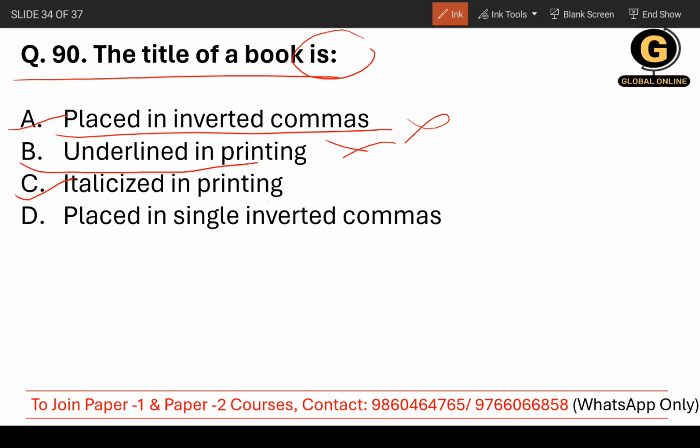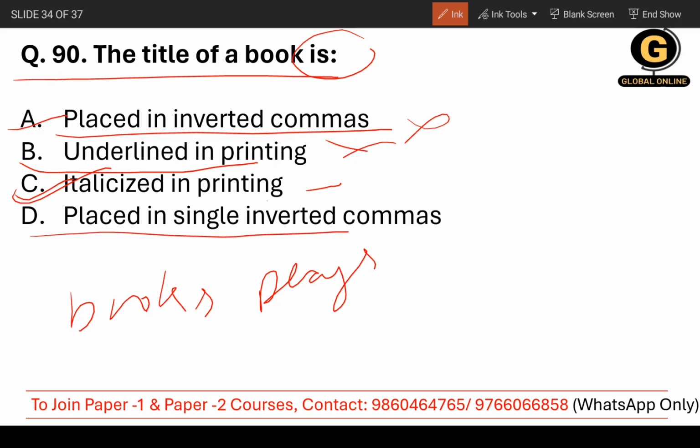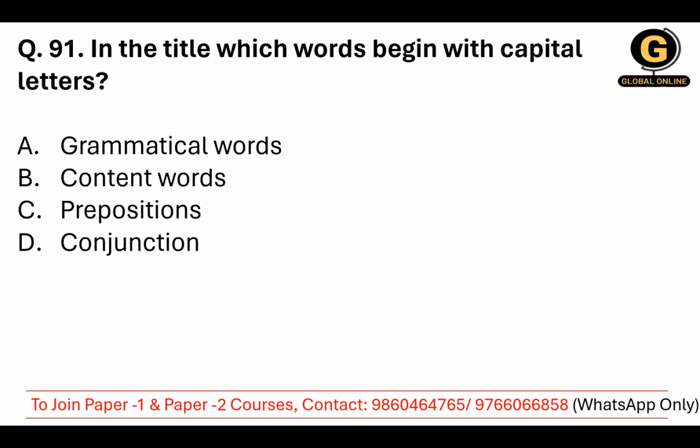Italicized in printing, of course, because in books or plays, films, periodicals, databases and websites, the title is italicized. Or placed in single inverted commas? Of course not. So the correct answer is C. Moving on to question number 91.